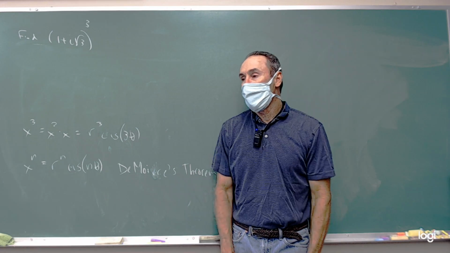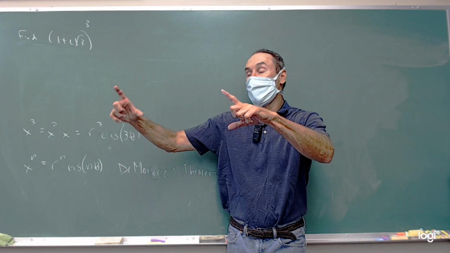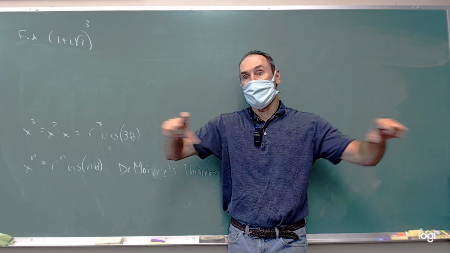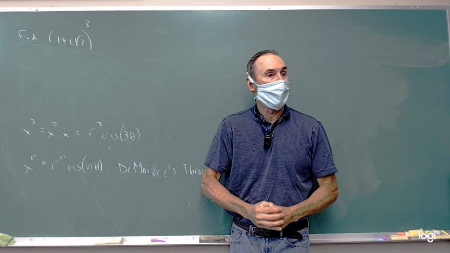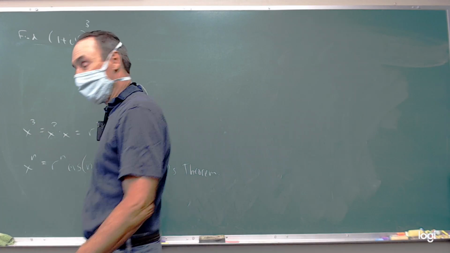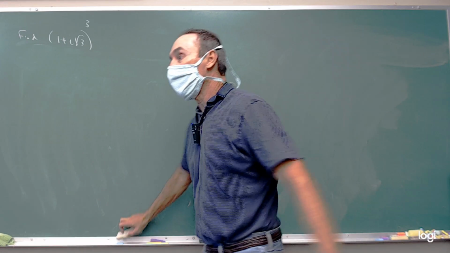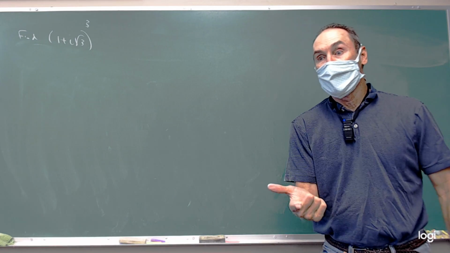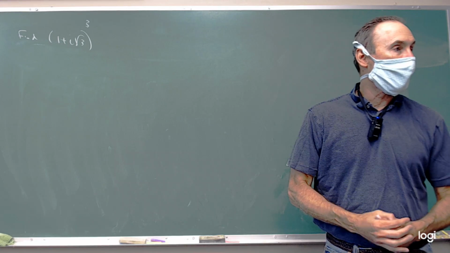There was lots of moaning and groaning, because you had to multiply 1 plus i root 3 times 1 plus i root 3, brute force that out, and then multiply by another 1 plus i root 3. The trauma comes back. But now we have a better way. We're going to convert it into polar form, and then it's going to be like a walk in the park using de Moivre's theorem.